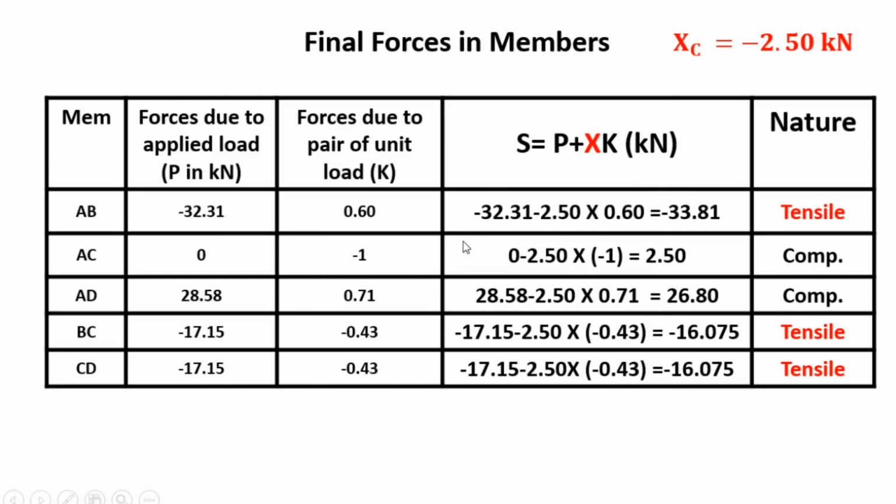For the first member, P is minus 32.31, then X is minus 2.5 into K is 0.6, so that is equal to minus 33.81, then 2.5, then 26.8, then minus 16.075 and minus 16.075. As per our sign convention, minus is tension and plus is compression.